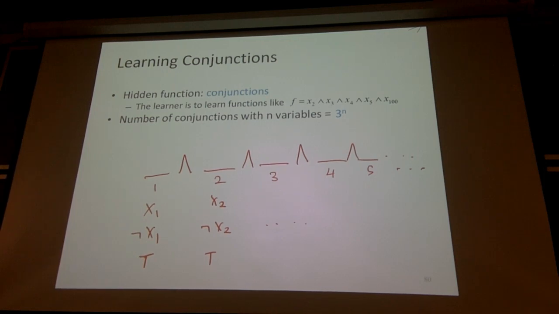You have 3 options for each slot, and there are n slots. So the number of possible ways of filling these slots is 3 power n. Questions about this? You will be doing this quite a bit, for all kinds of functions.